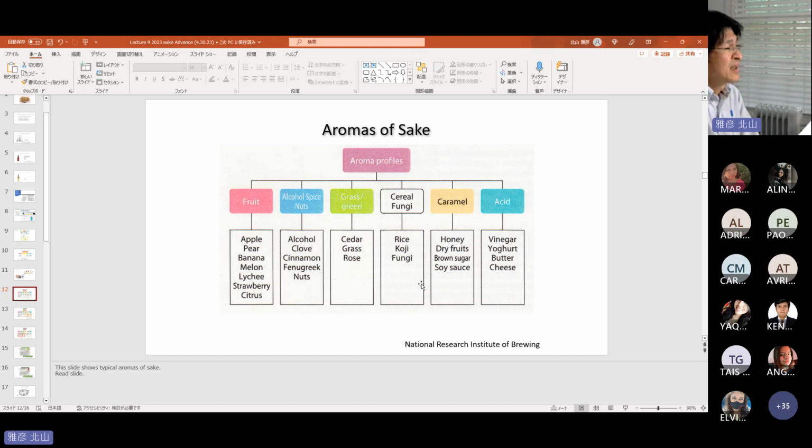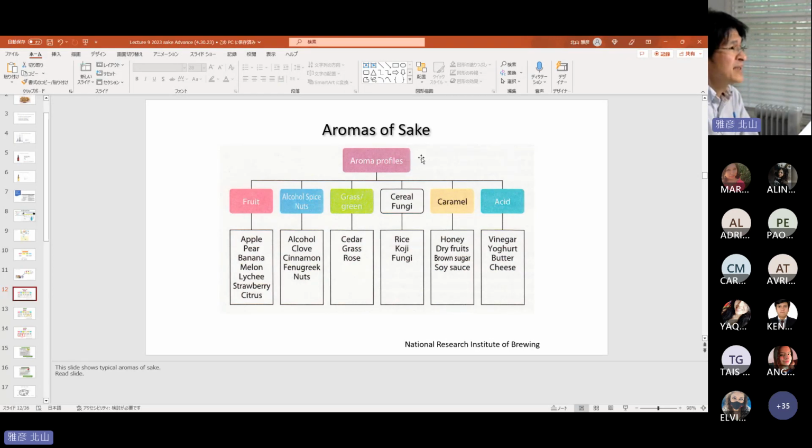And on the other hand, futsushu, ordinary sake, is produced by traditional technique, at relatively high temperature with traditional yeast strain. The polishing rate is about 70% or more.